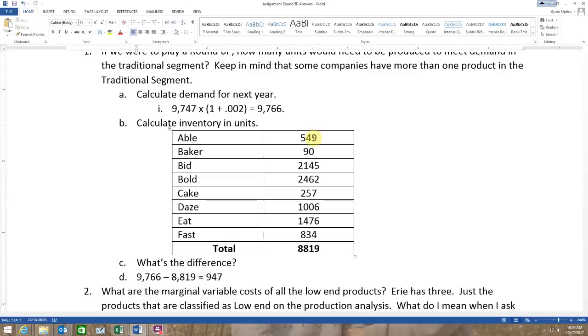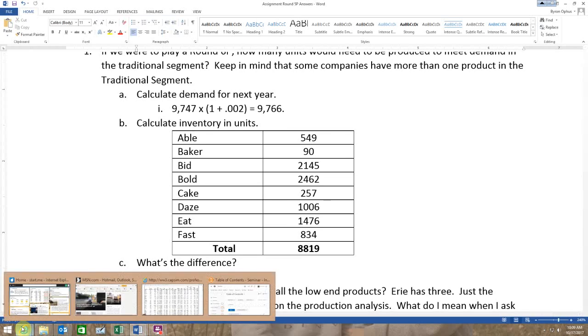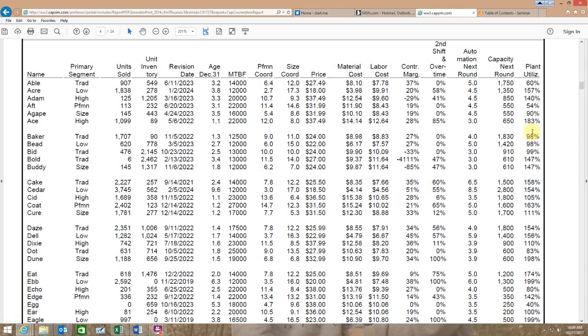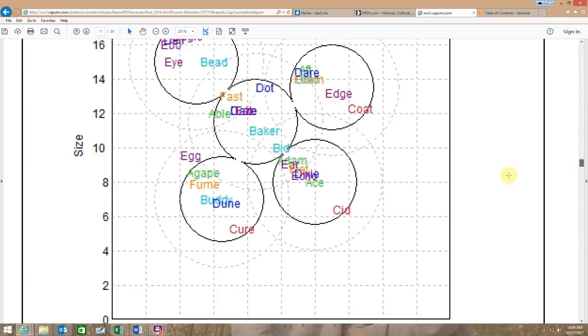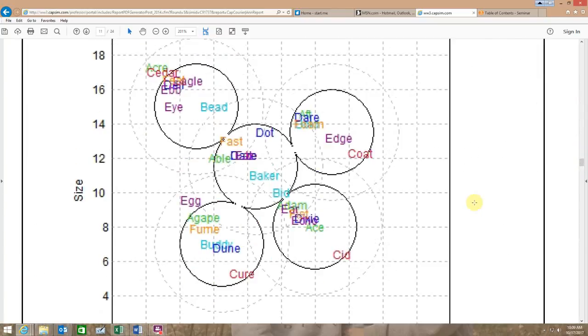But you also have to take into consideration, for example, Bold, if I remember right, is not a competitive product. I don't know where Bold ended up. I think it was out of favor because its MTBF was too low to even make it saleable in the performance segment.